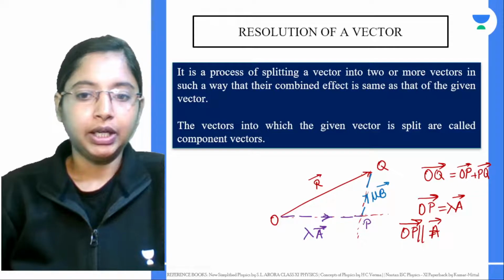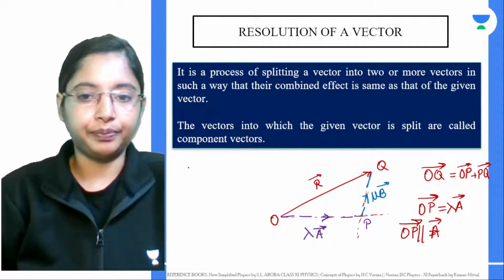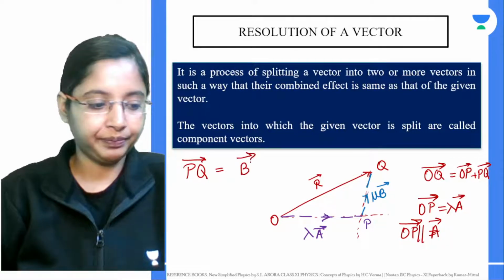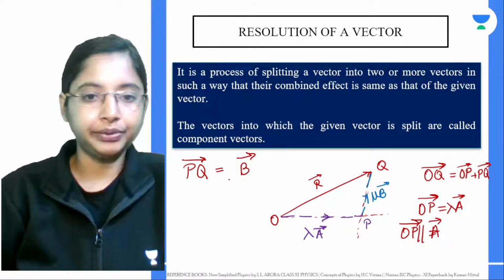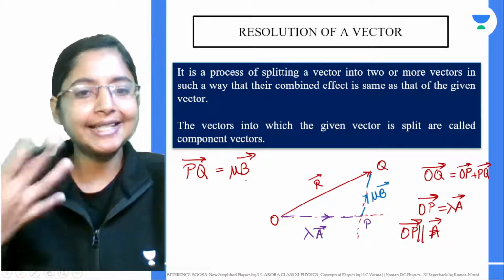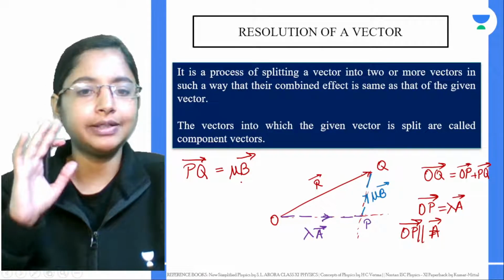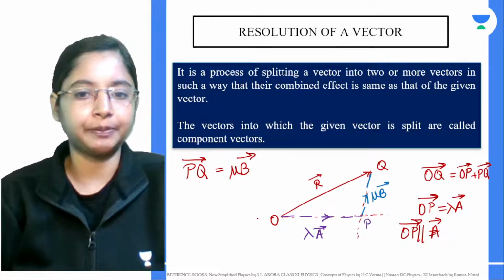Now, another side is there, that is PQ. This side PQ is again equal to mu into B, meaning it has some magnitude. Mu is a scalar quantity into B vector.